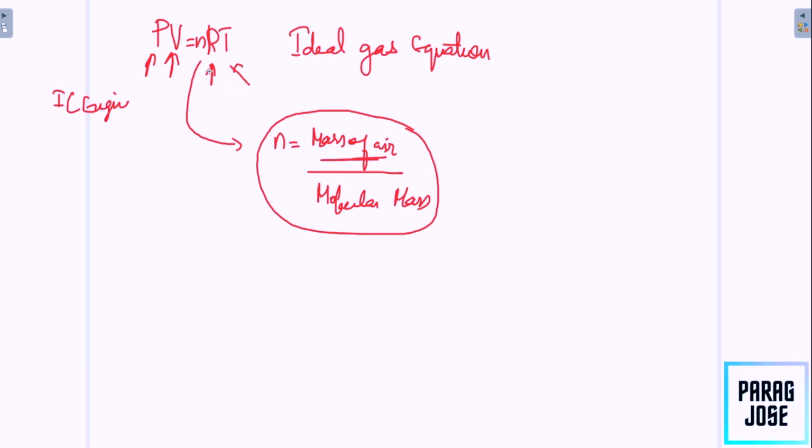In this case, we'll have some dedicated sensors inside the IC engine, which will be giving us the data on the pressure inside the cylinder through something called the MAP sensor, which can be expanded as the manifold air pressure sensor.